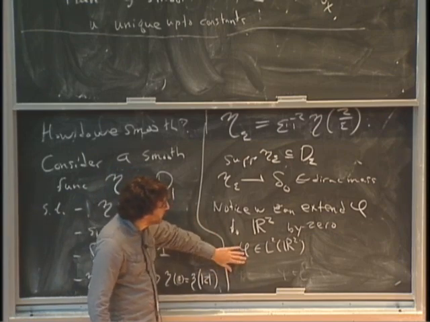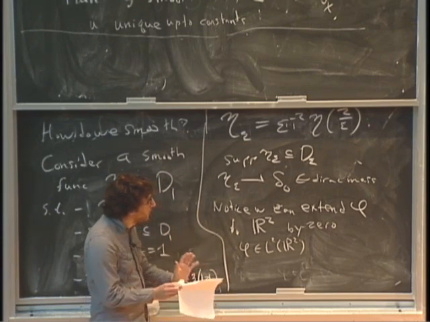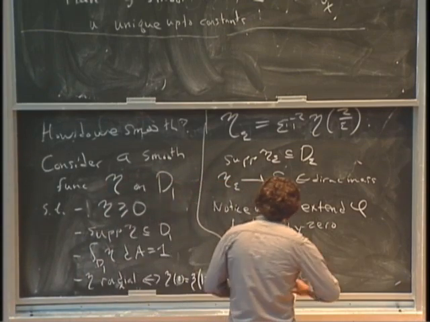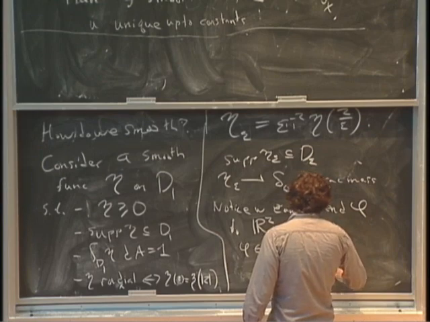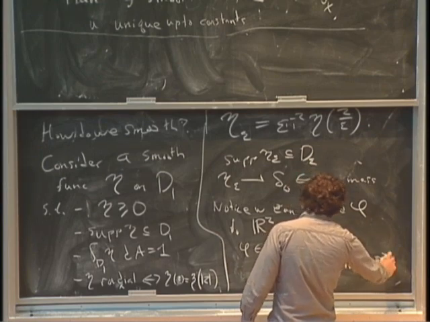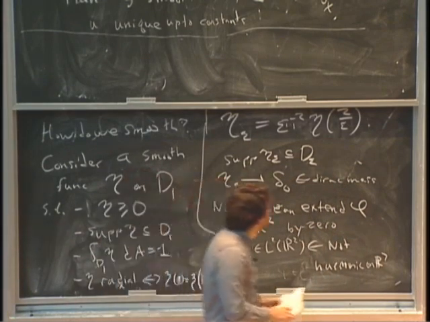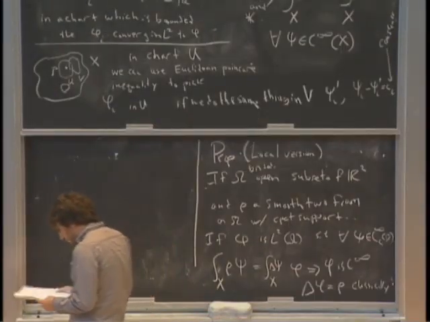So we've extended it for technical reasons, but we're only going to focus on it inside of omega. This function is not harmonic in any sense on R2, even though it's obviously 0 away from omega, so definitely harmonic there.